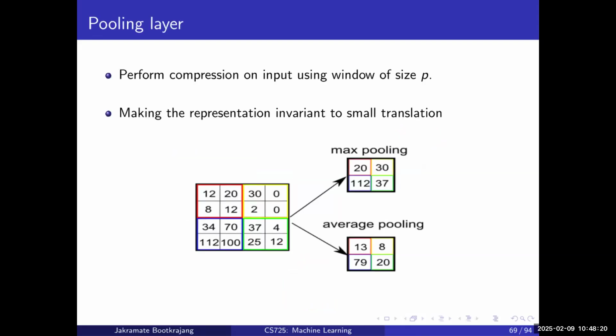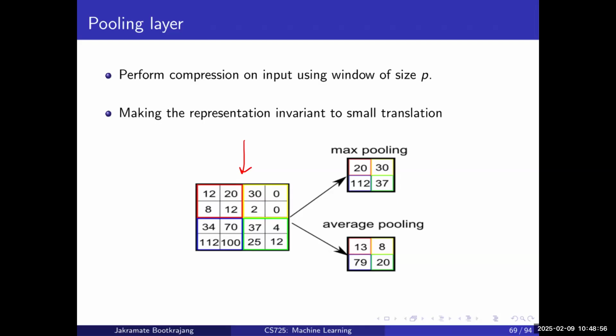So after we do the convolution, we perform pooling. So what is pooling? Pooling is the compression of the input. Basically, we have this activation map, which is a new image. But this new image may be vulnerable to slight movement, like small translation.